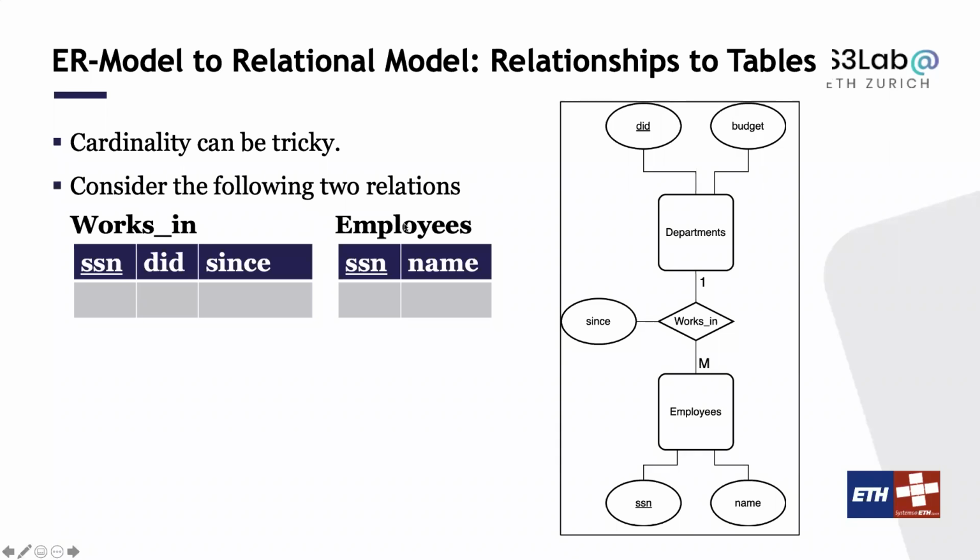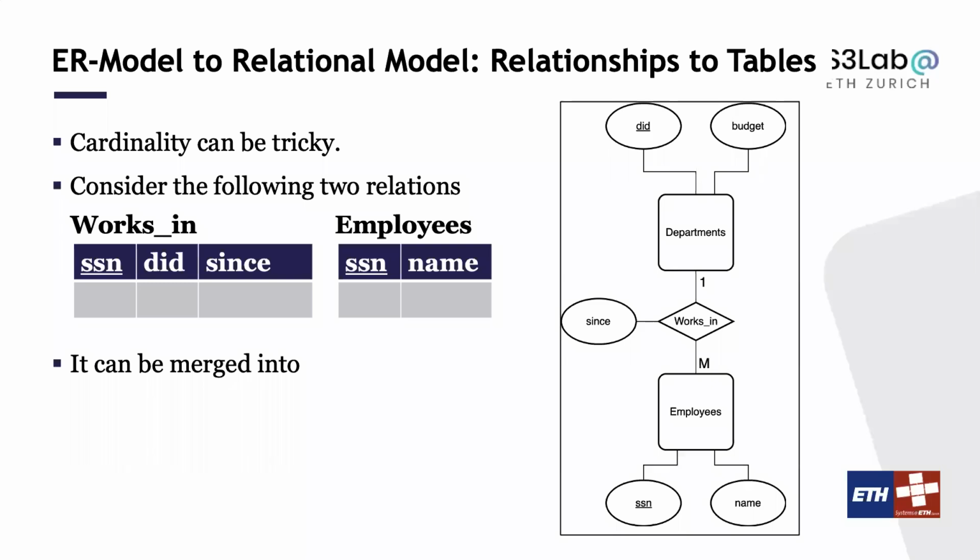And whenever I do the translation for the employee entity set, I will also have something like this. I have the key as SSN and I have the name of the employee. So when I do the translation of this relationship and this entity set, I have these two relations.